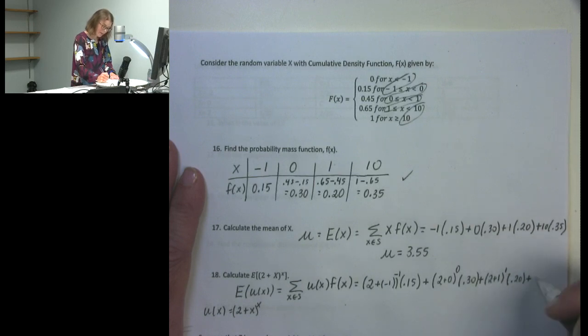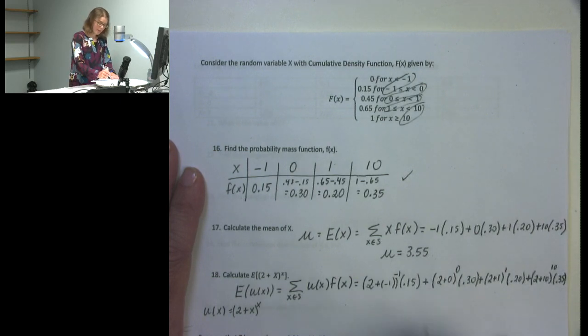And then finally, for x is 10, I've got 2 plus 10 to the 10th power times the probability that x equals 10, 0.35.